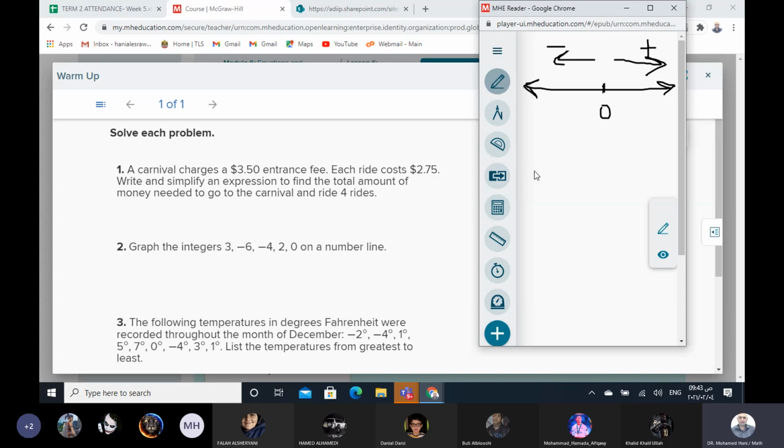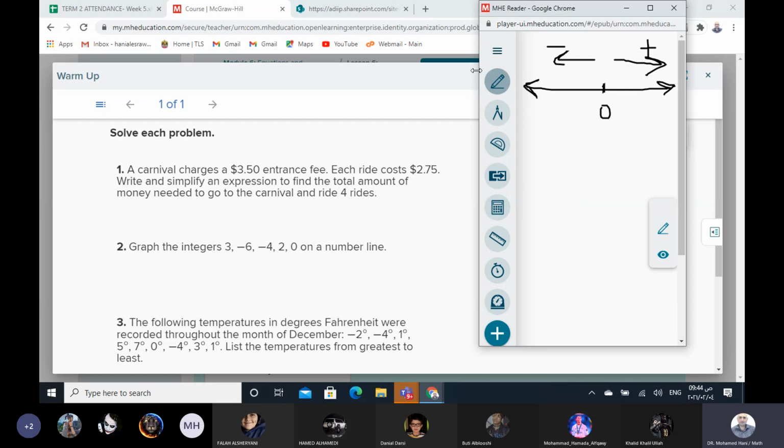The negative numbers means the numbers less than 0. So now we have two kinds of numbers, negative numbers and positive numbers. Negative numbers are less than 0 and positive numbers are greater than 0.